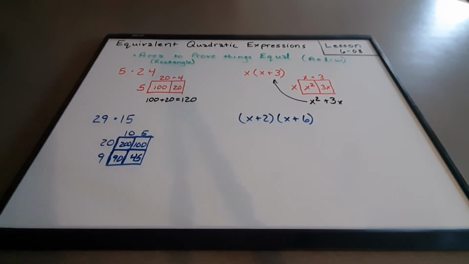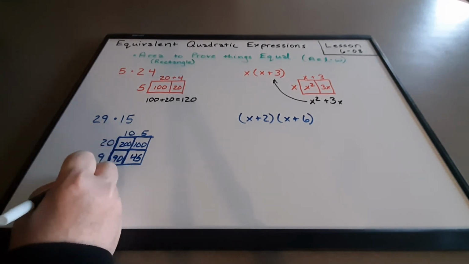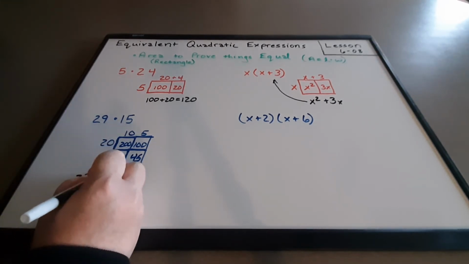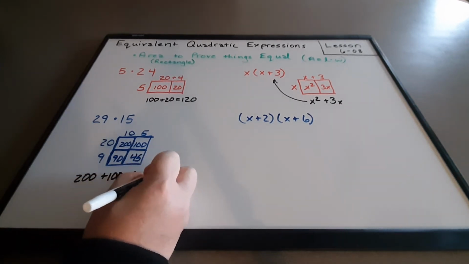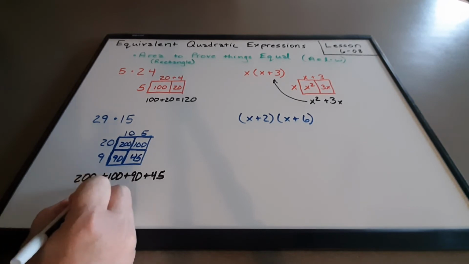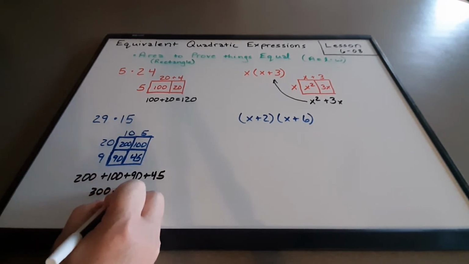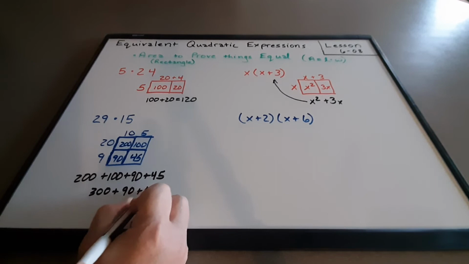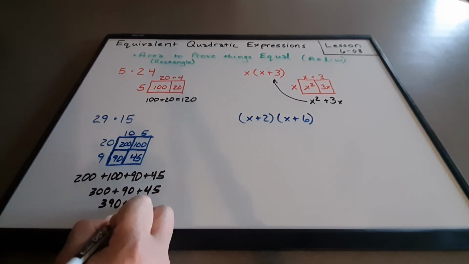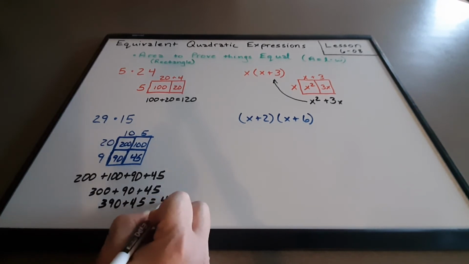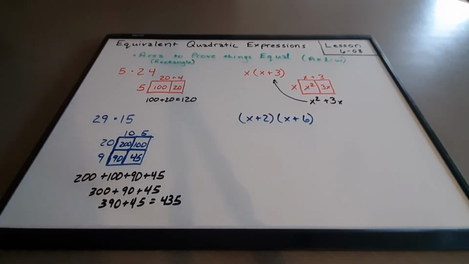Then we can add all of this up for 200 plus 100 plus 90 plus 45, and we'll get 300 plus 90 plus 45, which is 390 plus 45, also known as 435. Kind of a long way to do multiplication, but it will help us with a simpler or a harder version of quadratics.